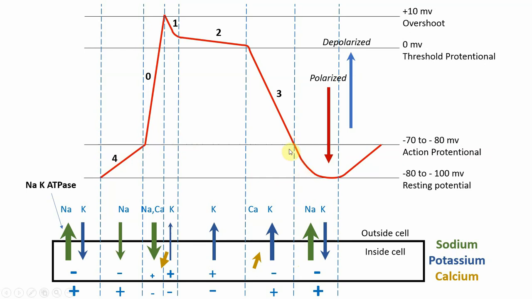We have to regain these conditions, and the sodium potassium pump will come into action and re-establish this gradient, this potential again. Sodium will go out and potassium will come inside, and this action will take place here again. So this is phase 4 again, and this part and this part are the same.